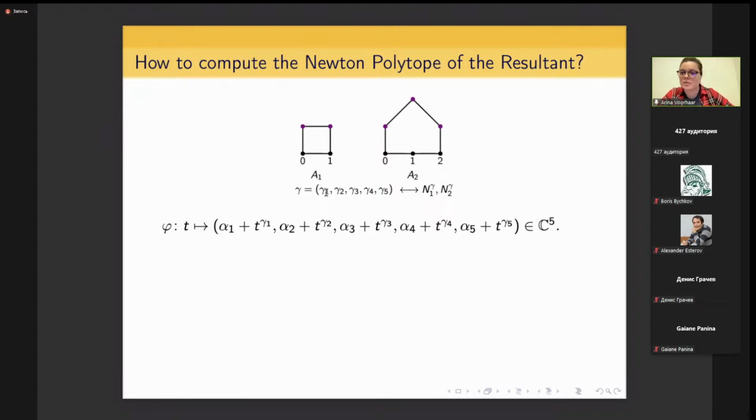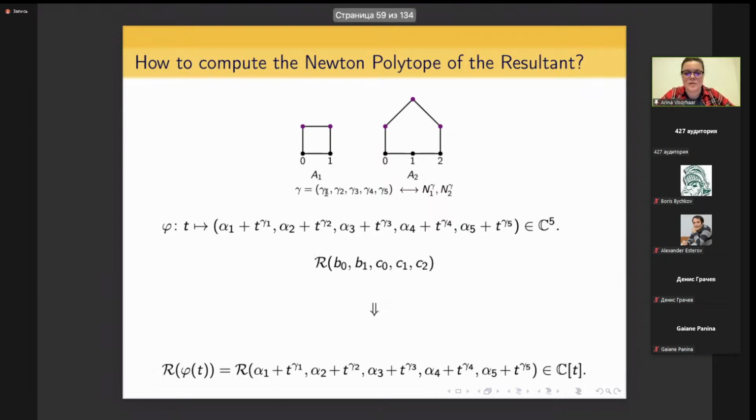Then the next step is to plug this curve into your resultant. In the framework of this example, the resultant is a polynomial in 5 variables, and we have 5 components of the curve. So we plug in every one of these components instead of those variables, and we get a polynomial in the variable t. Okay.